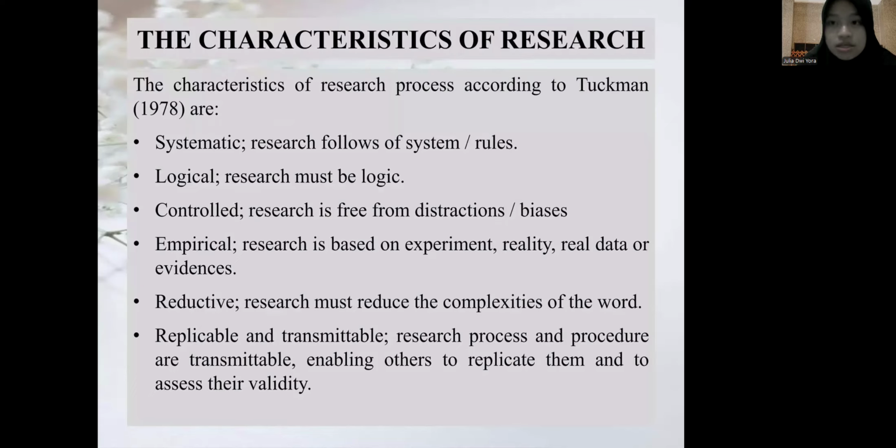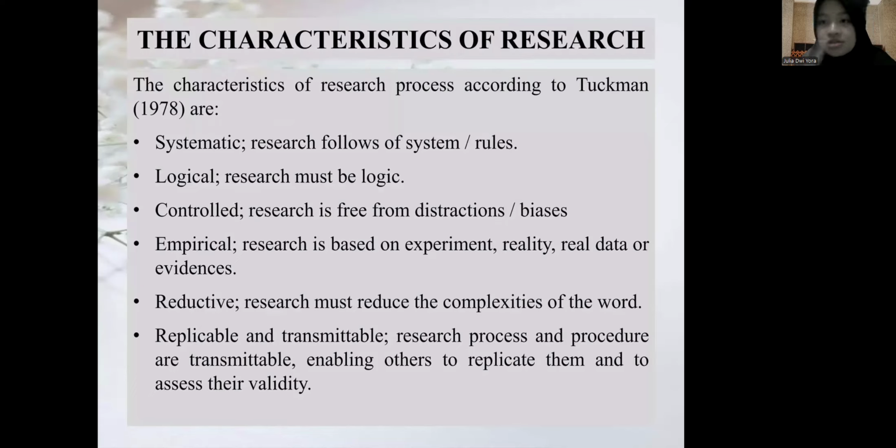The second one is logical. The research must be logical, everyone can accept it, and there are several facts about the data, about the resources, and so on.